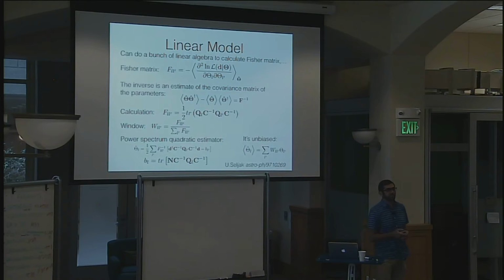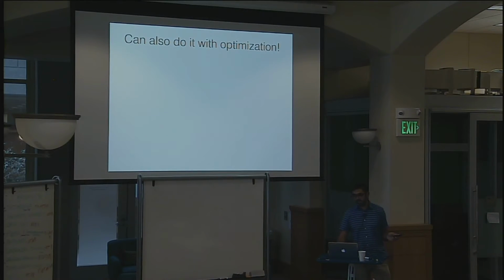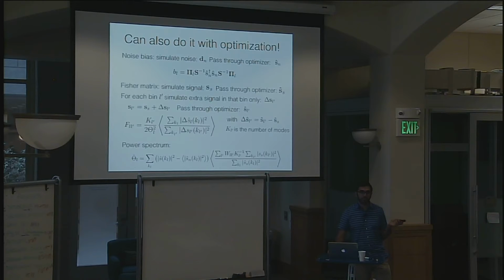This is done, for example, if you're familiar with CMB analysis. This is done all the time. And so they find a power spectrum estimator. Again, you can write down linear algebra. All I will say is that you can perform the same thing with optimization methods. And we've applied this, and I'll show you some examples. But if you have a very large dimensional problem, you don't want to deal with matrix inversions, etc., optimization will give you the answer just as well.